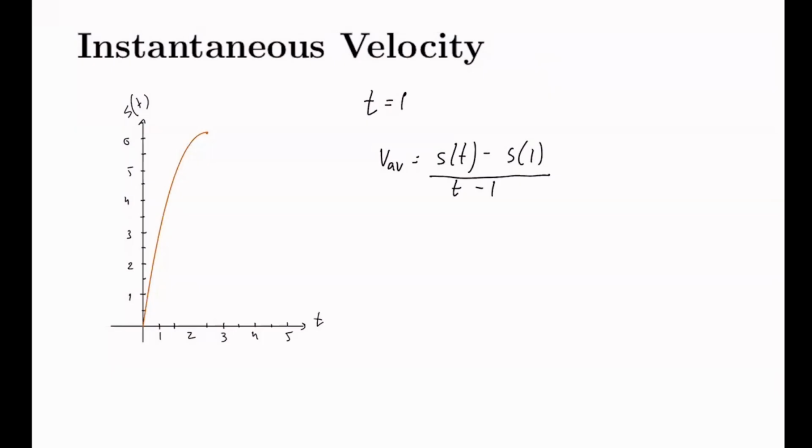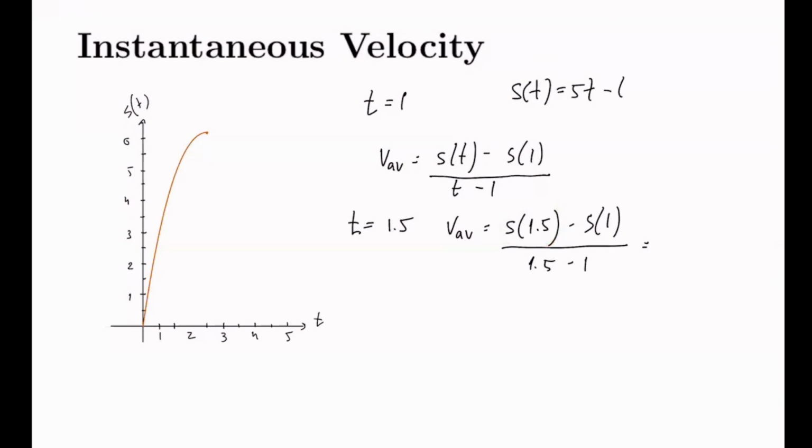So let's say when t equals 1.5, then the average velocity will be s of 1.5 minus s of 1 divided by 1.5 minus 1. So what you need to do is plug the 1.5 into the function. Remember, the function was s of t is 5t minus t squared.